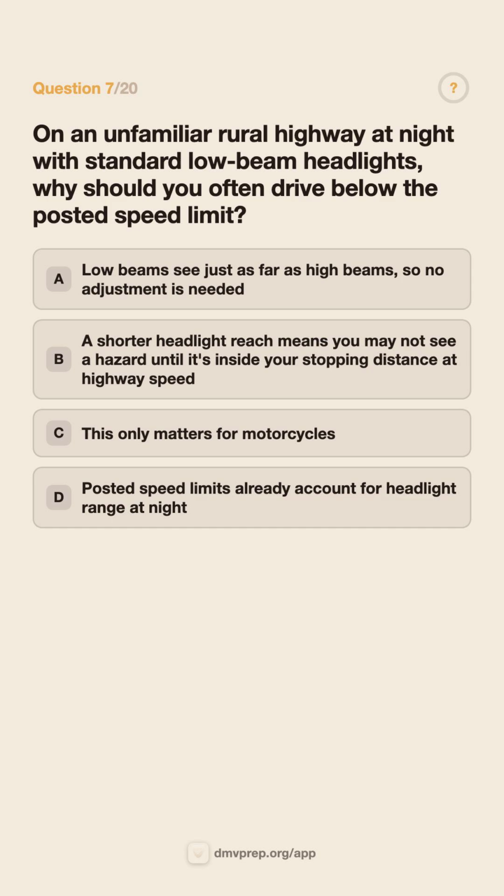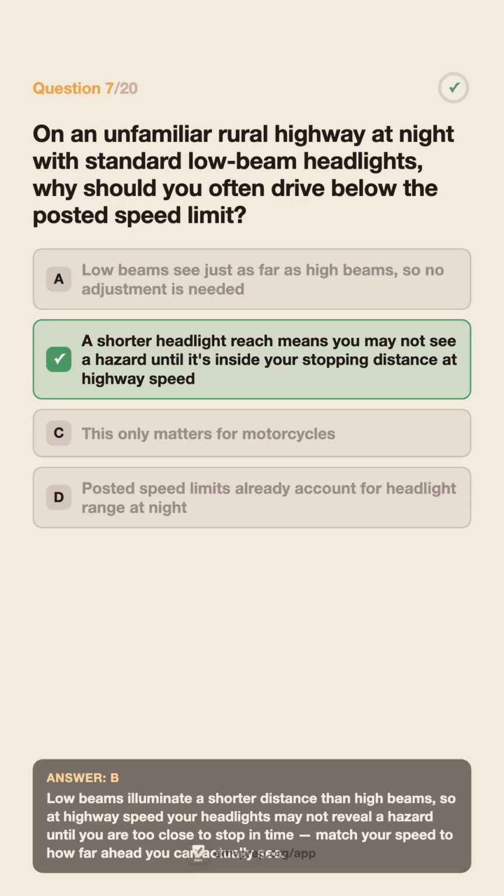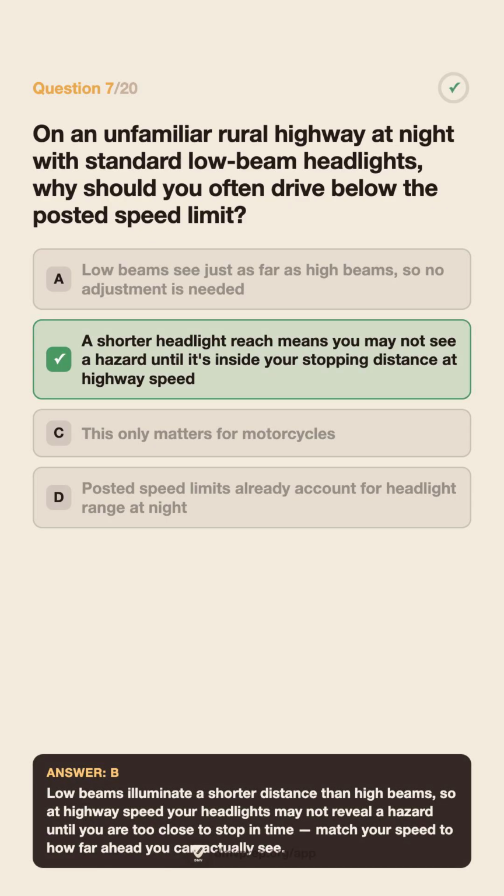D. Posted speed limits already account for headlight range at night. The correct answer is B. Low beams illuminate a shorter distance than high beams, so at highway speed, your headlights may not reveal a hazard until you are too close to stop in time. Match your speed to how far ahead you can actually see.